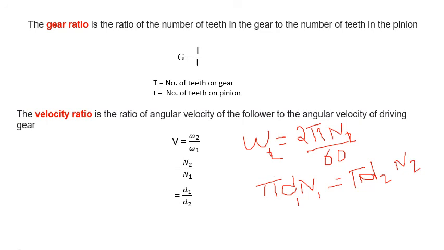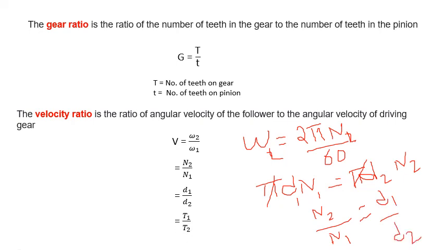So pi gets cancelled, and d1 by d2 is equal to n2 by n1. So n2 by n1 can be written as d1 by d2.